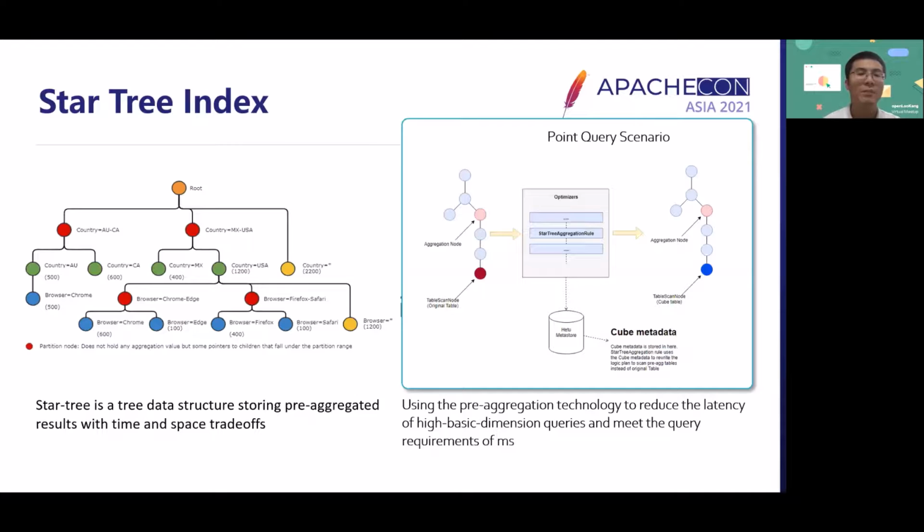Because we have stored the pre-aggregated values in the tree nodes, if the user wants to query the aggregation values, we can just refer to the star tree index to find the final aggregation value, rather than load the data from the underlying data source and do the aggregation on the engine.